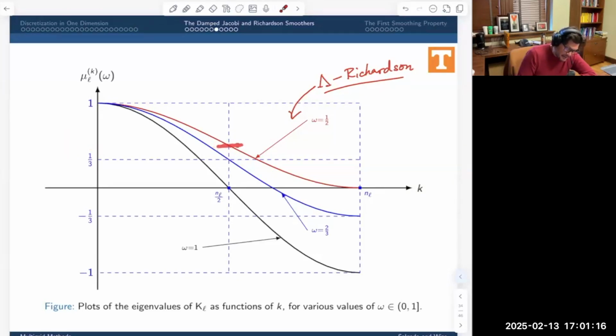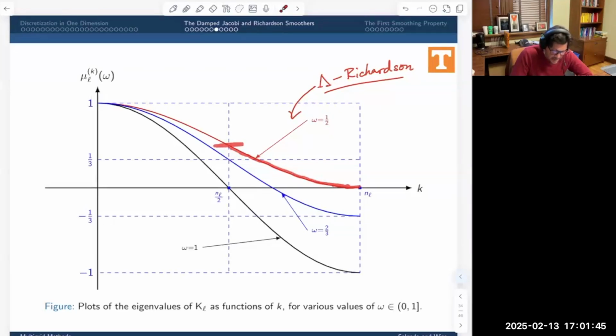And if I take omega equal to a half, then it says that for all the high frequency range of wave numbers k, which are between NL over 2 and NL, so it's this range here, that's the high frequency range, and this is the low frequency range for this particular grid, well, this says that it's going to damp high frequency modes by at least a factor of a half in the high frequency range.